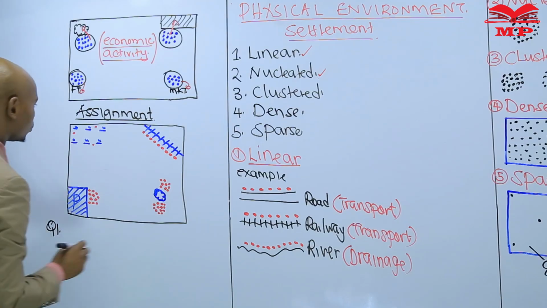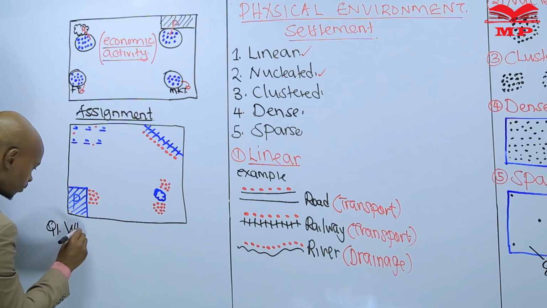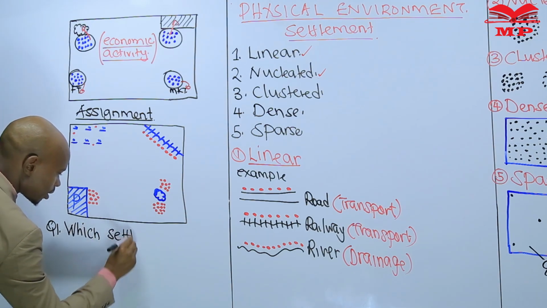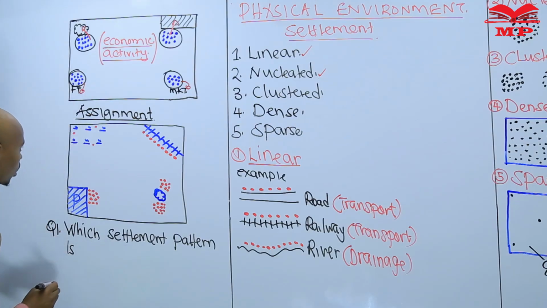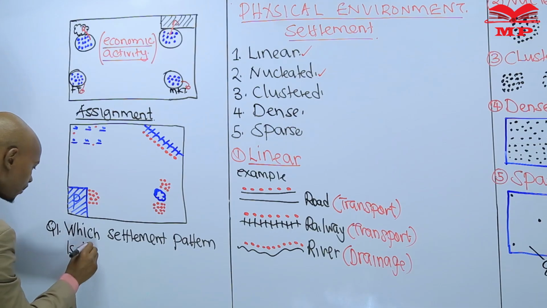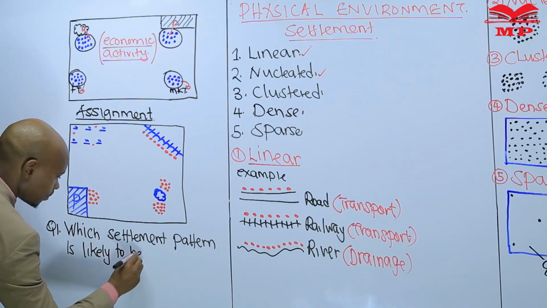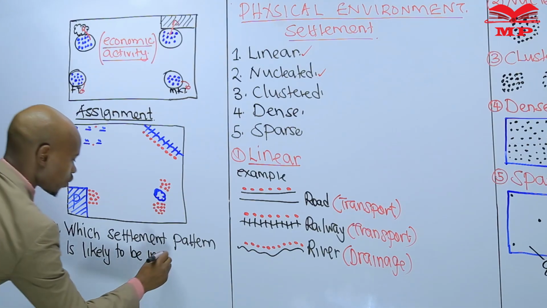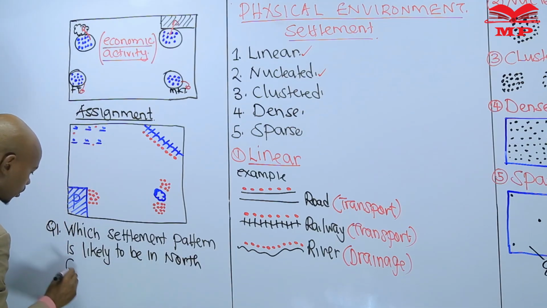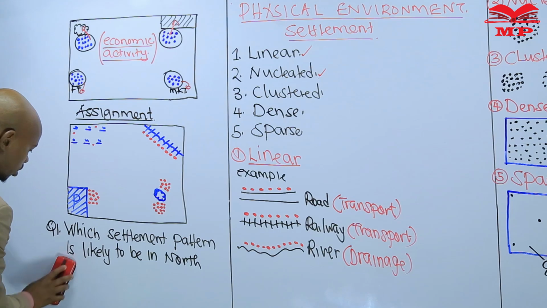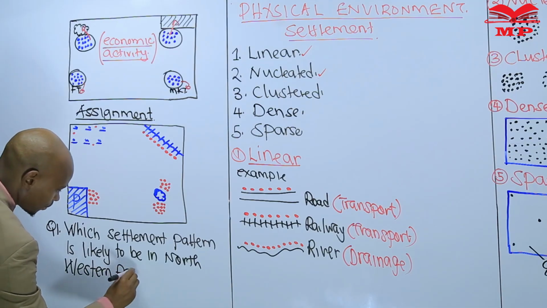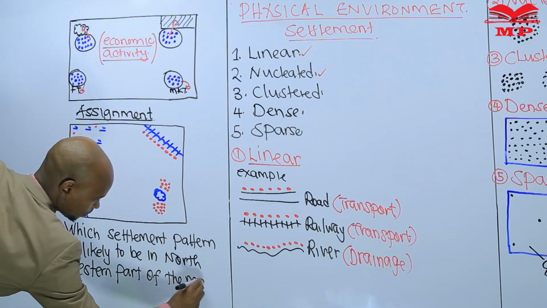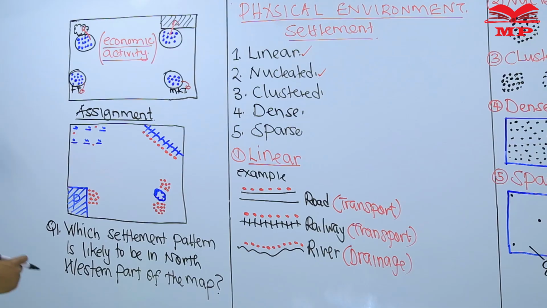Which settlement pattern is likely to be in the northwestern part of the map?